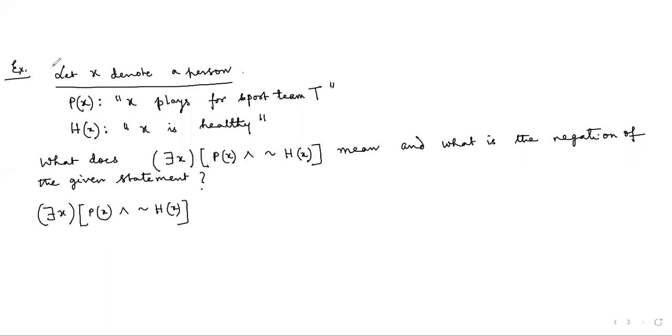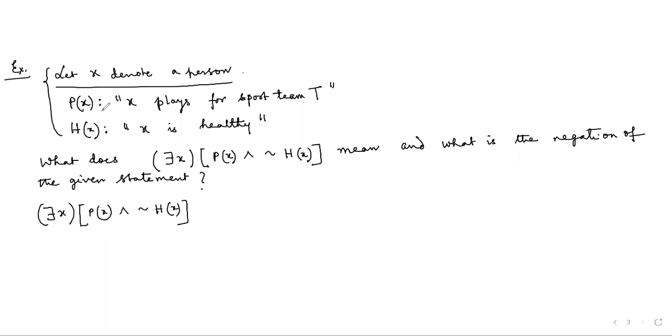If I study what is given over here, the context is the set of players, or the set of sports persons. So here the context is not a number.